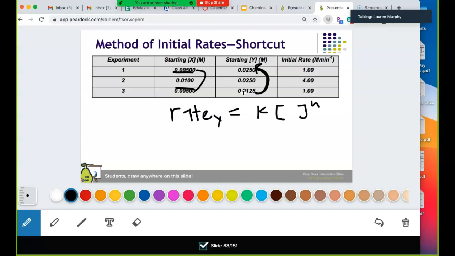The concentration, if you look from 3 to 1, 0.0125 to 0.025 is doubling. Is that right? Doubling. What is the rate doing? Not changing. That would be 1 if it doesn't change. So rate equals 2 to the what is 1. That's a 0. Much less work.